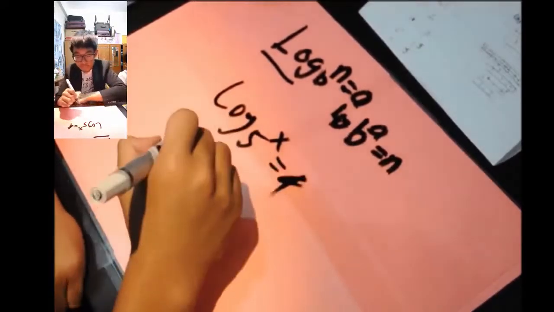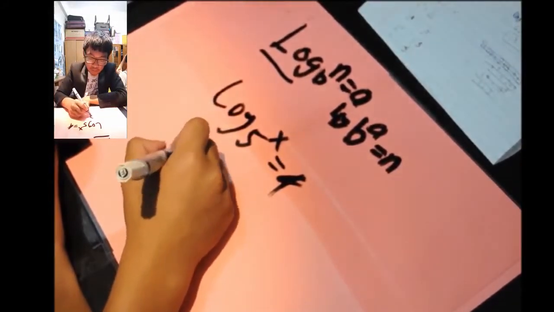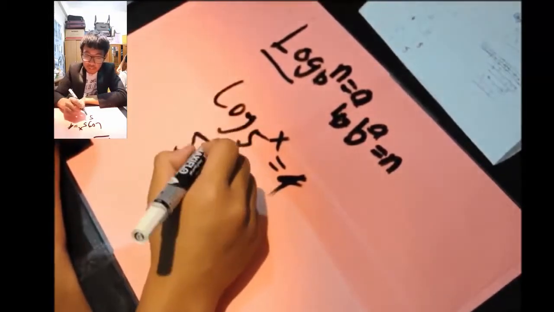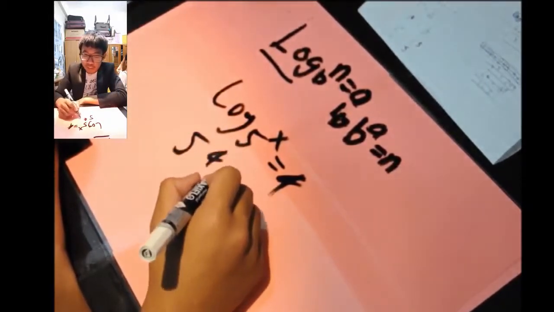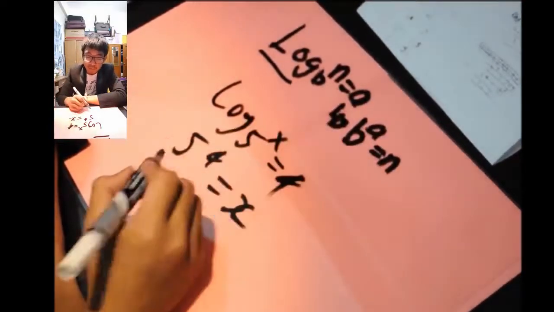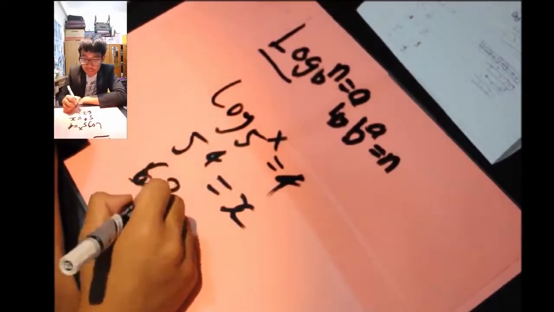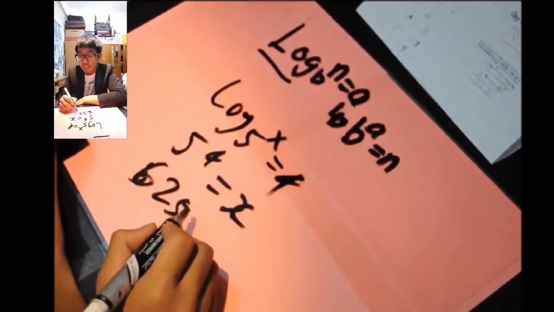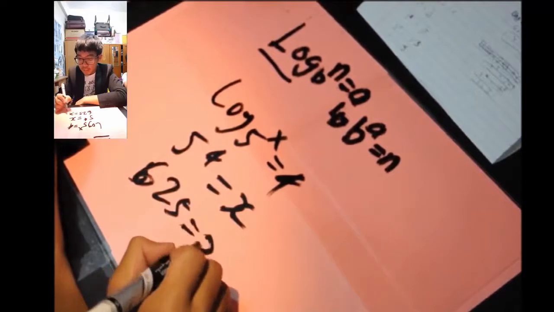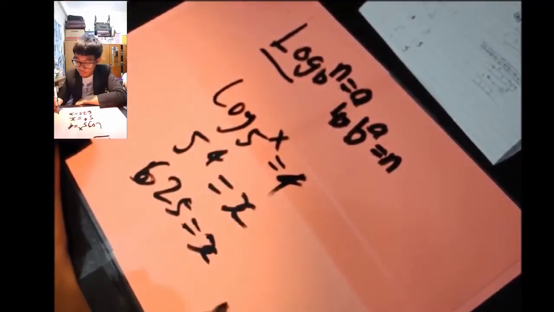So, 5 raised to 4 is equal to x. Now we all know that 5 raised to 4 is equal to 625. So that means the answer is 625.